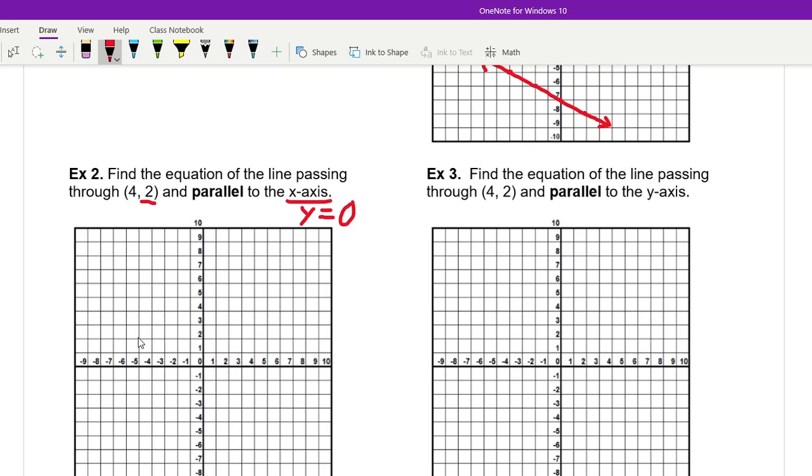When this happens, we create a line that goes at a height of 2. X can be any value. So it's a horizontal line that goes on forever in both directions.